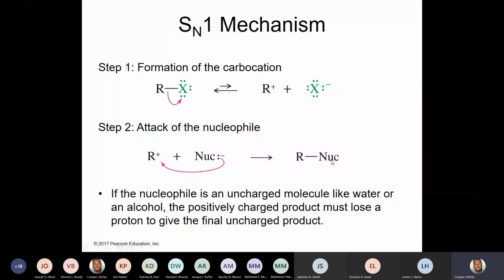Because carbocations are sp2 hybridized and flat structures, I get racemic mixtures, right? The nucleophile equally attacks from the top and from the bottom. All right, that's a unique feature of forming a carbocation. This is why we receive racemic products.